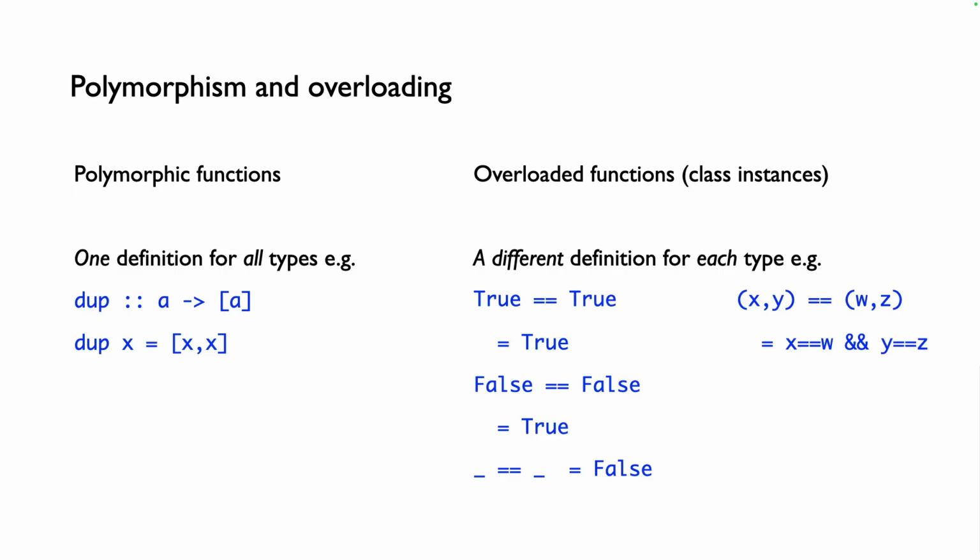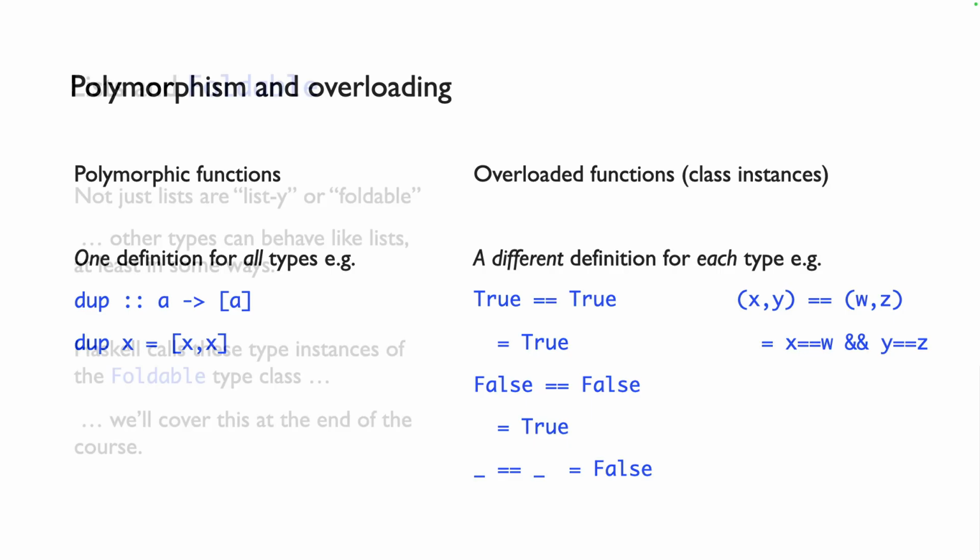What about equality over pairs? Well, you define the equality over pairs using the equality for the first type, x equals w, and equality for the second type, y equals z. So those two definitions are entirely different. Different definitions are used at different types, and the class mechanism allows that to operate properly. It resolves which of those equality functions to use depending on the type where it's being used. Whereas polymorphism, genericity is a lot easier because you use the same definition at every type.